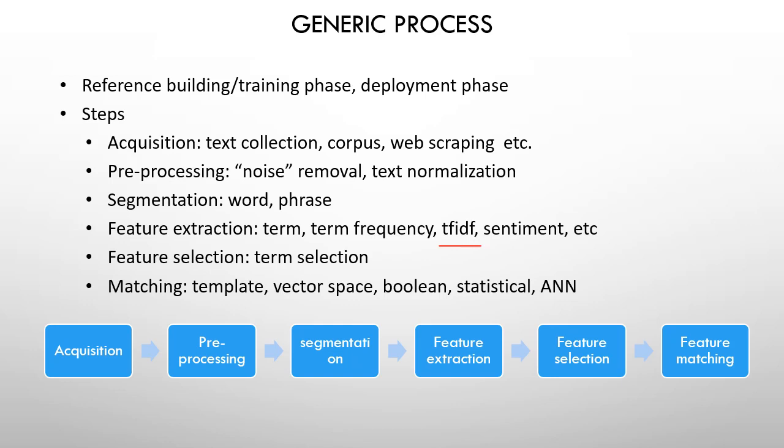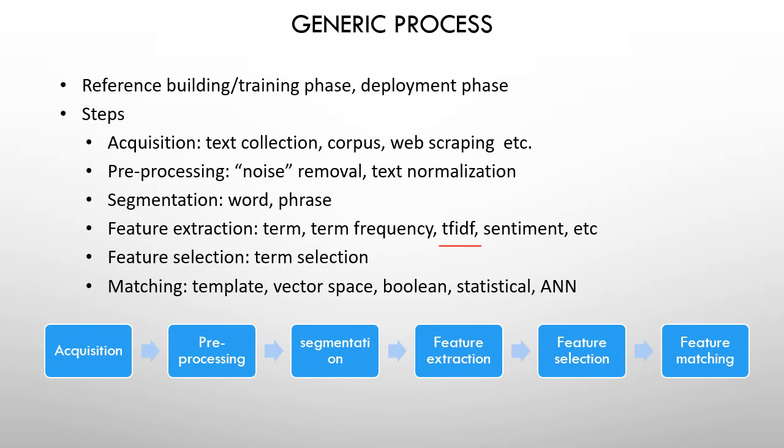We give a weight to a term based on the number of appearances of the term in a particular document and how many documents contain that term. So if that particular term appears only in one document, then it would be very specific, and so the weight in the TF-IDF scheme is high.